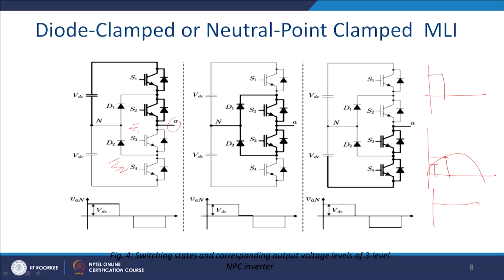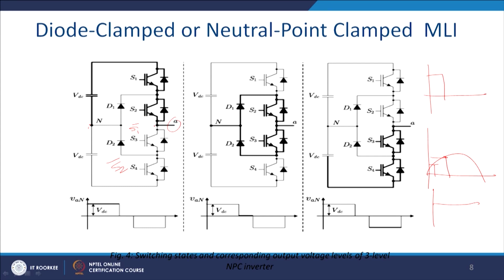But if the current is positive and the voltage is negative, then there is a big challenge, because when you apply this voltage, ultimately VDC will come here, and we expect the current to flow this way also. But if you want the current to reverse back, ultimately it will go to the diode.